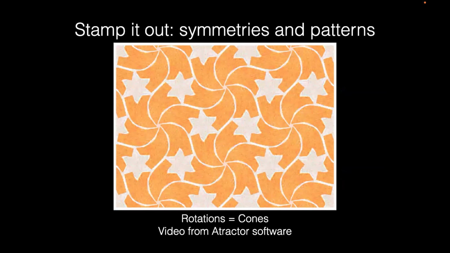So how does this work with more complicated patterns? This is now a 2D pattern, and it has a bunch of rotational symmetries. Where do you all see rotational symmetries?